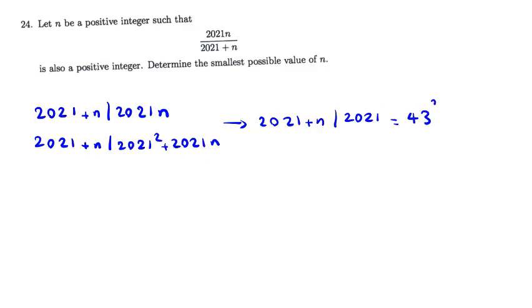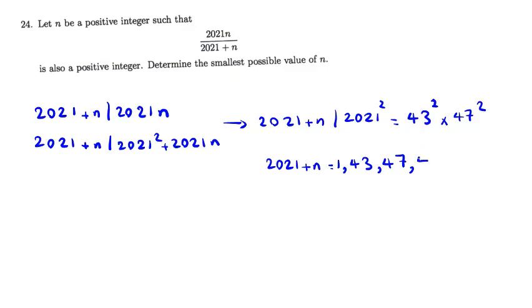And if you prime factorize 2021, it's 43 times 47. Sorry, it's squared here, so you can say 43 squared times 47 squared. So 2021 plus n can be 1 or 43 or 47. They are not possible because n is positive.